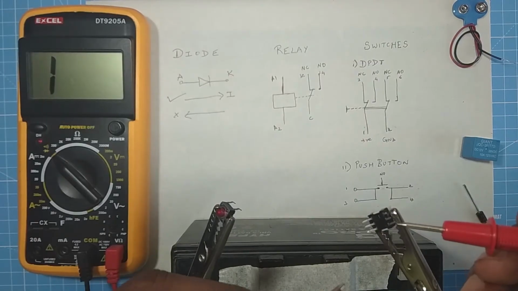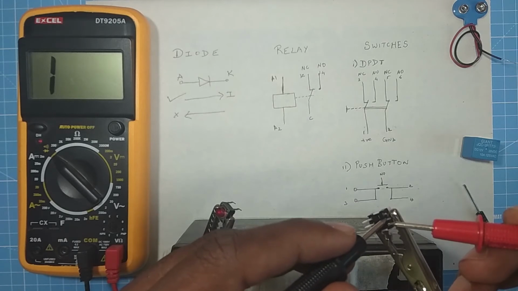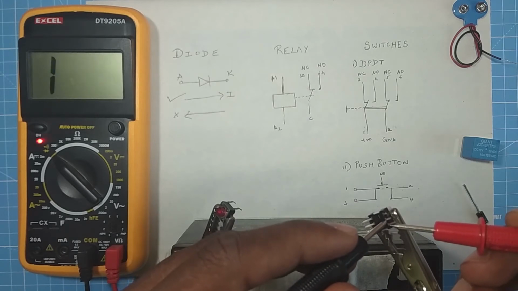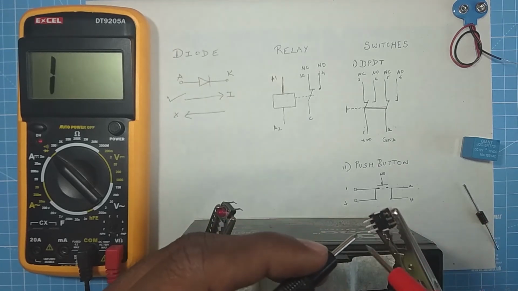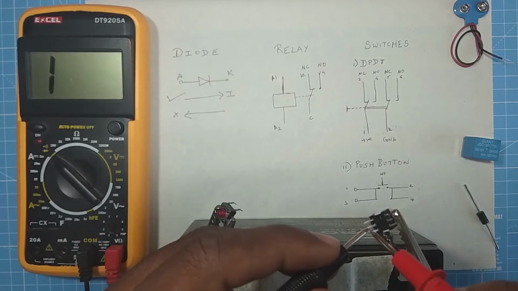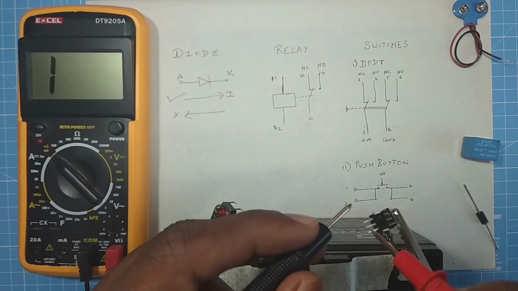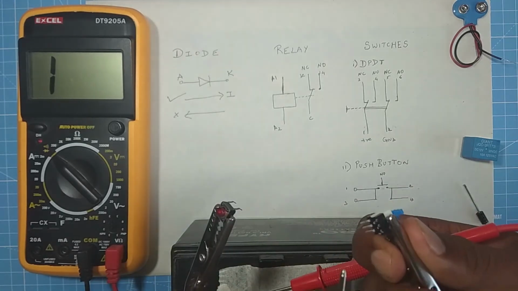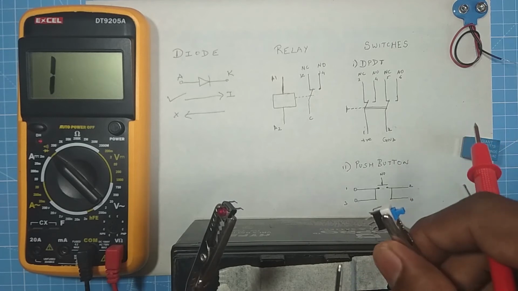First terminal. Okay, let me check it over here. Yeah, I get 1 NC and 1 NO. On the same side, we'll test this one. I get an NC, I get a NO. So let's press the switch and see if the states are being transferred.